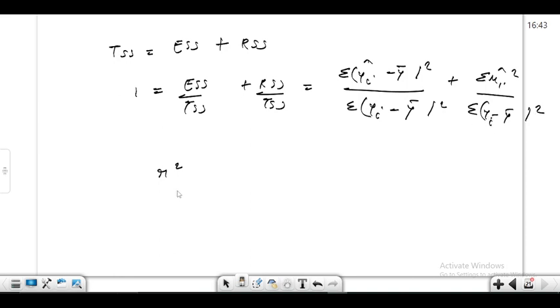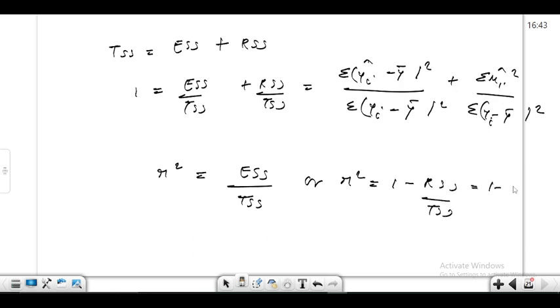So R square is equal to 1 minus RSS upon TSS, which is equal to 1 minus summation ui hat square upon summation yi minus y bar whole square.